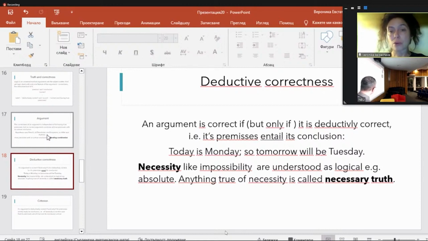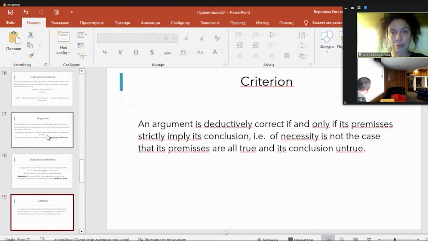Necessity, like impossibility, is understood as logical and absolute here. Anything true of necessity is called a necessary truth. And the criterion he introduces: an argument is deductively correct if and only if its premises strictly imply its conclusion. For example, of necessity it is not the case that its premises are all true and its conclusion untrue.